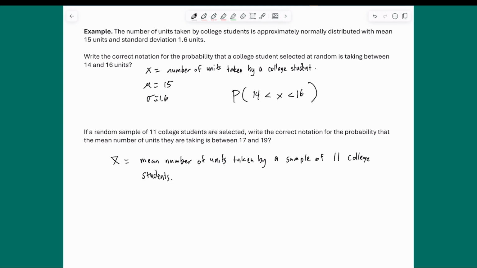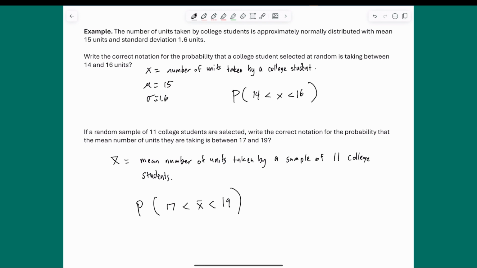The way we denote that is probability P falls between 17 and 19. So the probability that my sample mean is between 17 and 19 can be expressed using a double inequality like that.